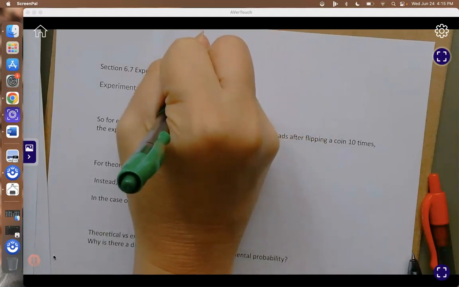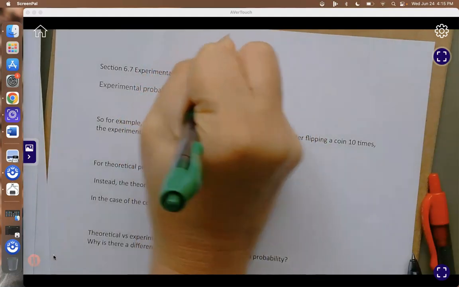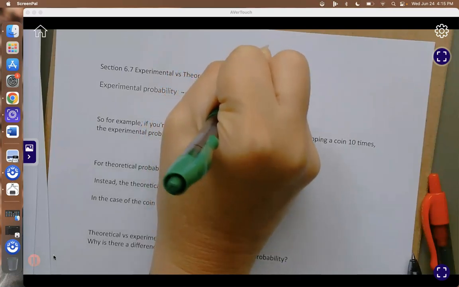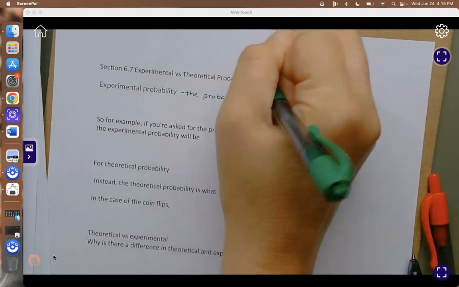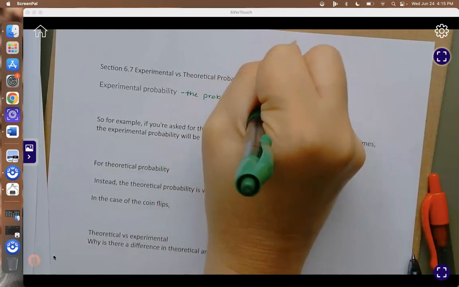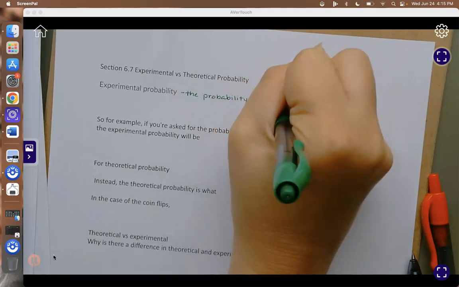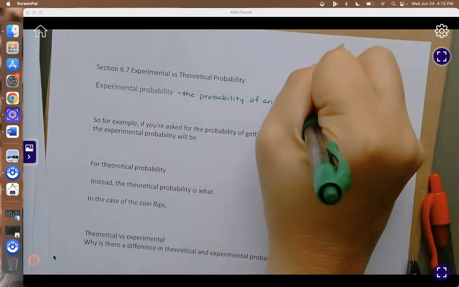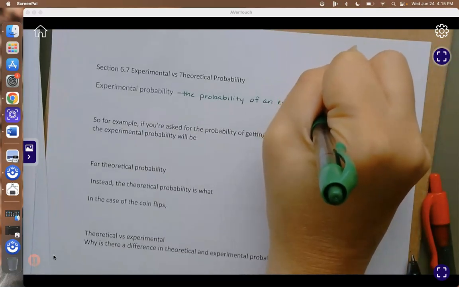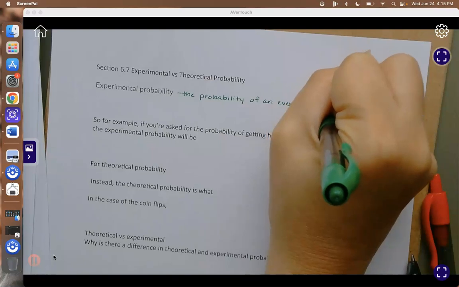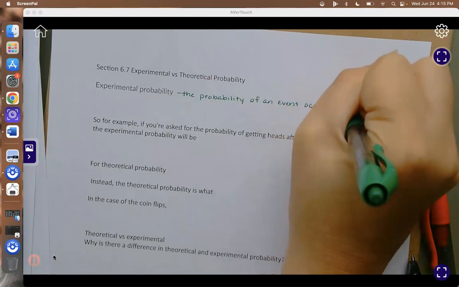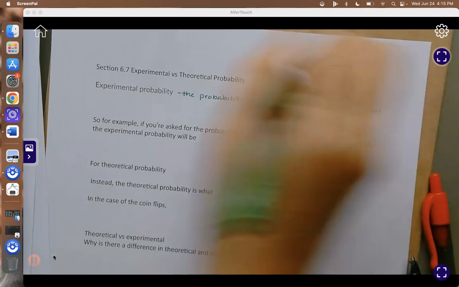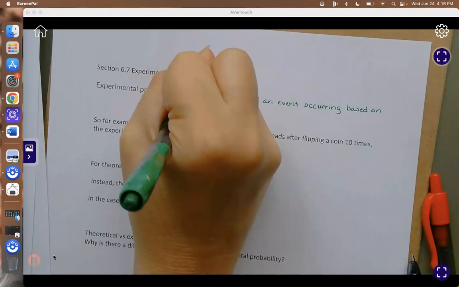Experimental probability is the probability of an event occurring based on experimental results.